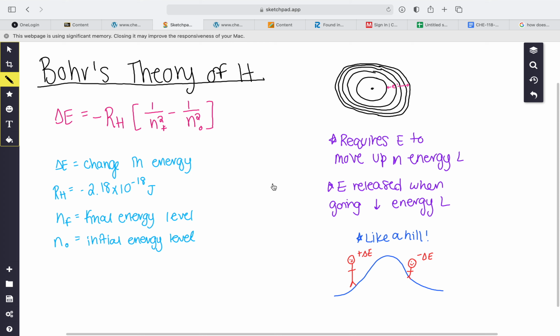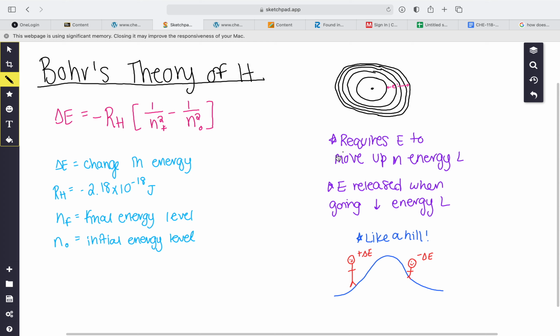Alright, so this is Bohr's theory of the hydrogen atom. With Bohr's theory of the hydrogen atom, we are going to be calculating the amount of energy emitted or the amount of energy absorbed in order to move an electron up or down energy levels, right?